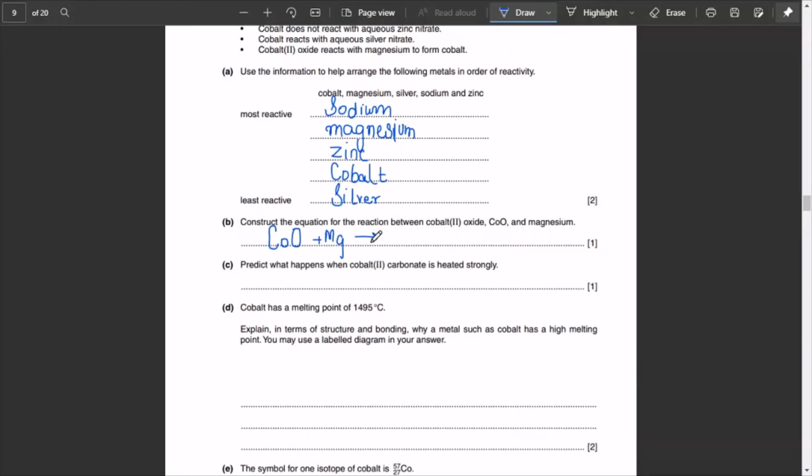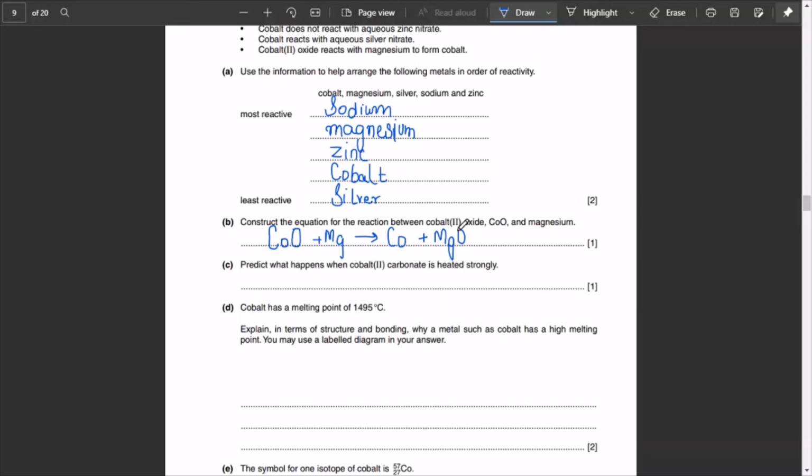So first of all, we can see that cobalt is formed. Alright, so here cobalt is formed, and then the rest of it, that is Mg and O, magnesium oxide. Alright, all of this is in a 1:1 ratio because it's balanced.